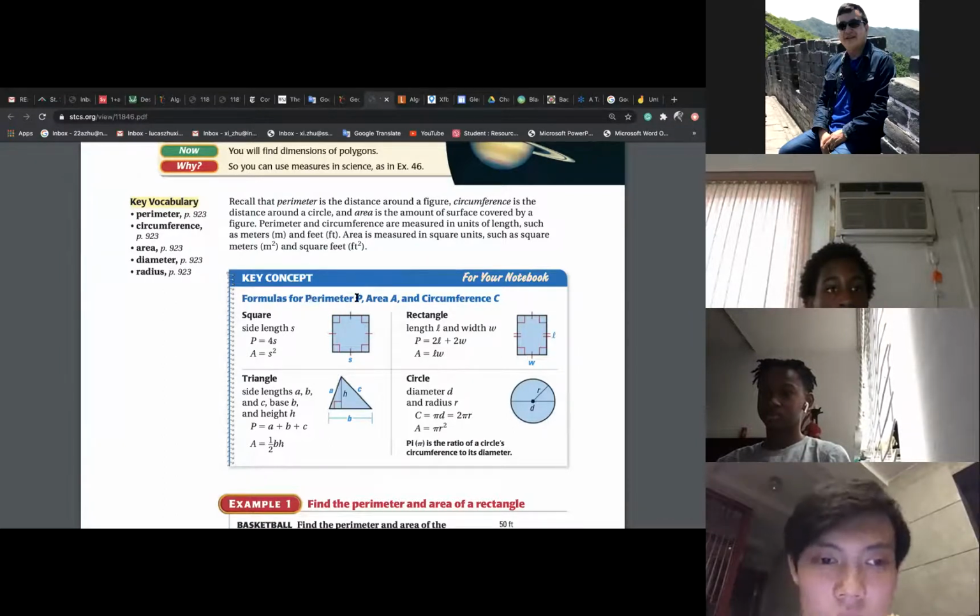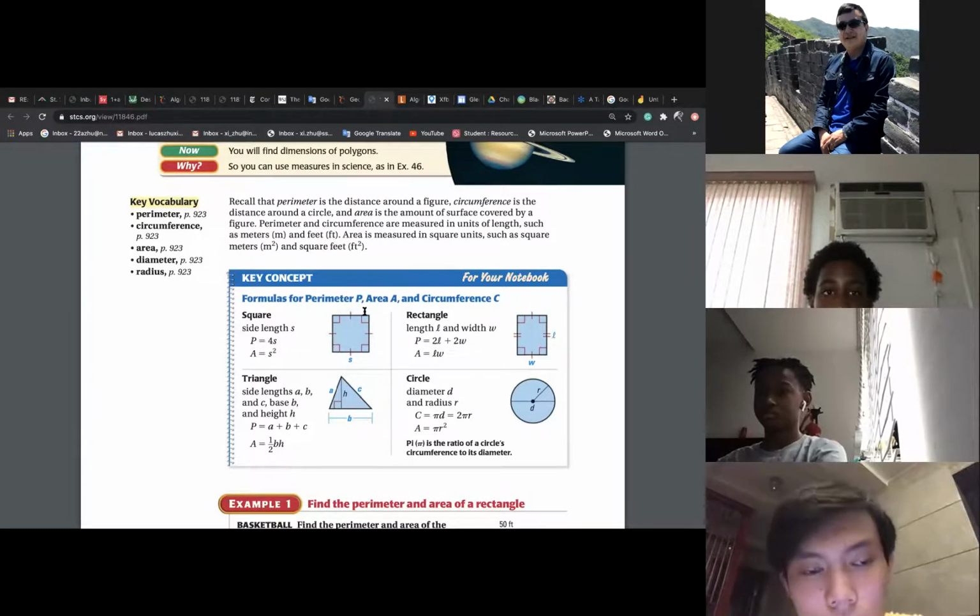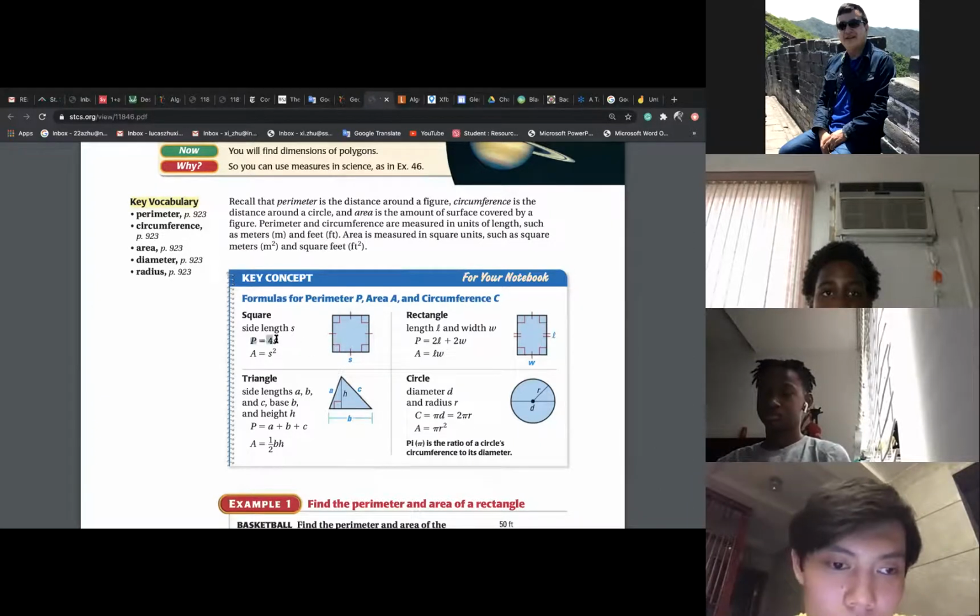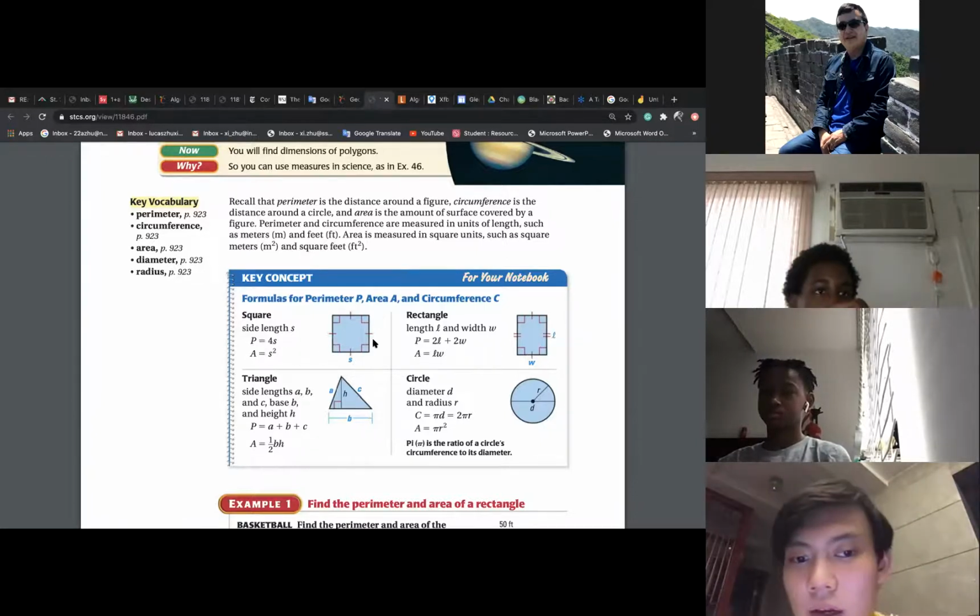Perimeter is the length around a square, rectangle, or triangle, but circumference is the length around a circle. Over here, perimeter is 4s, because for the square, all sides and all angles are congruent. And the area is s squared, side times side.